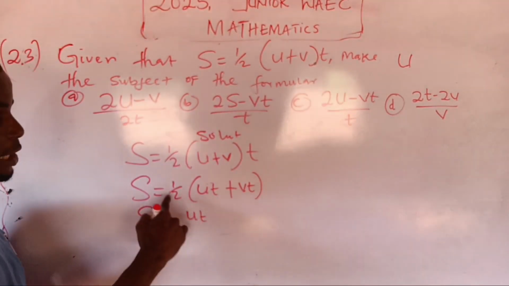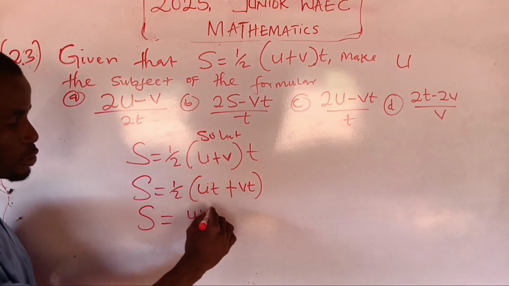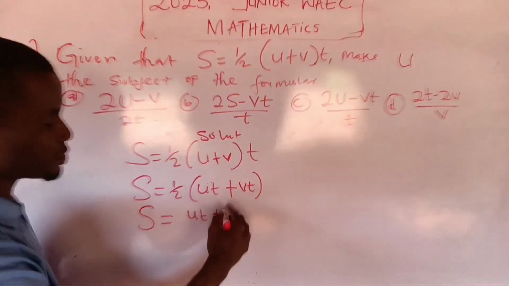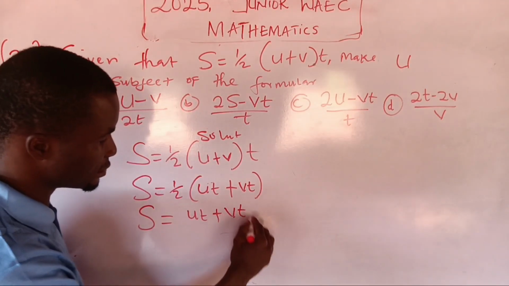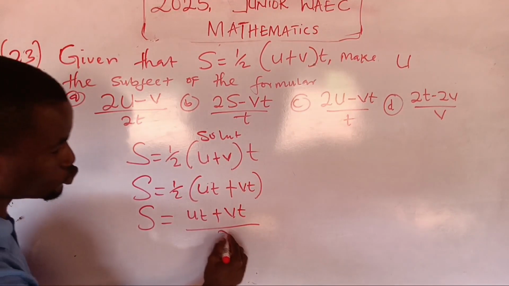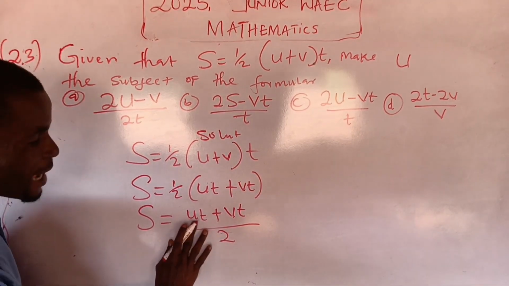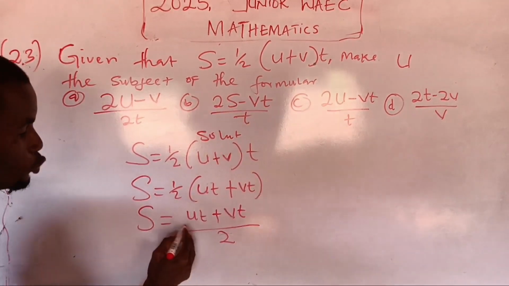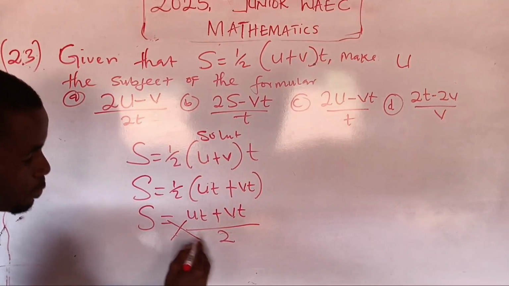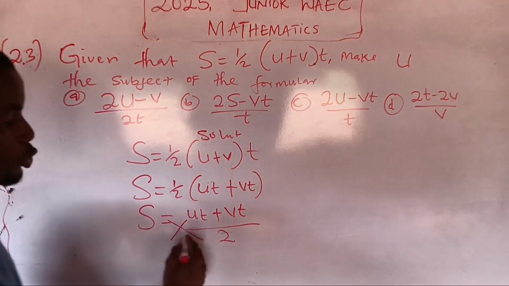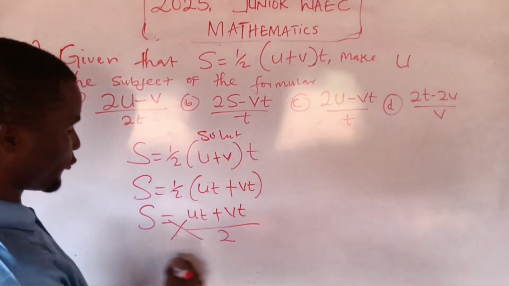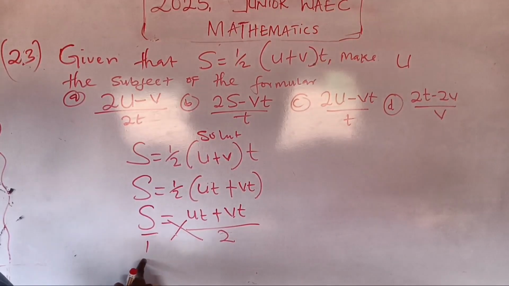We are now opening the bracket with this half. Plus 1 times VT will give us VT divided by 2. You put down your 2, right? So for us to get the U now, we cross multiply. Don't forget, we can put 1 here.